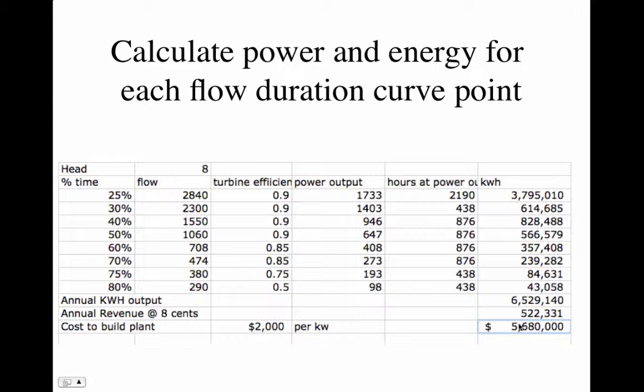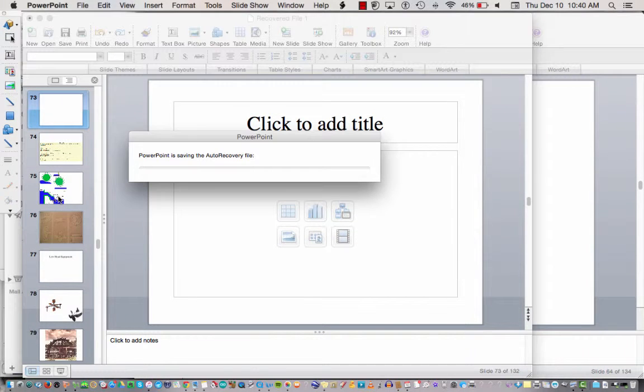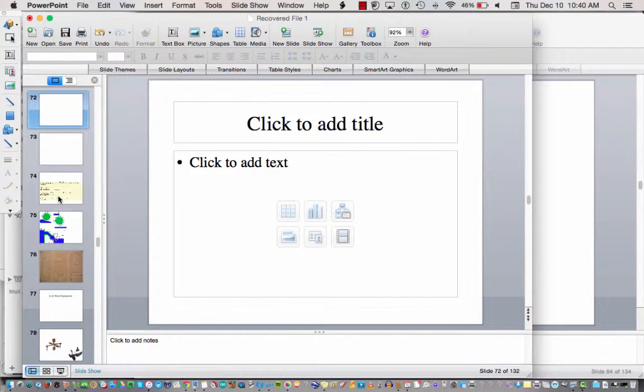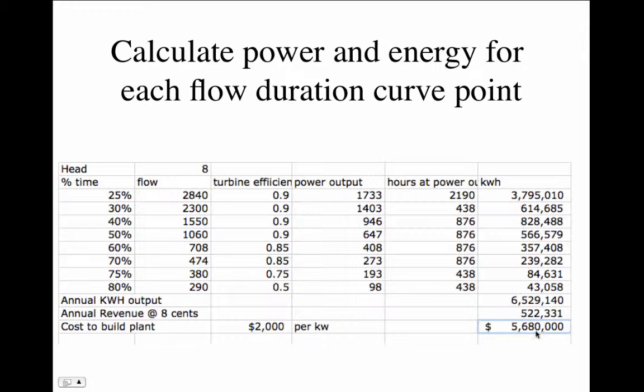I think I used the wrong number there. That's wrong because I used 2840. It should be 1,700.